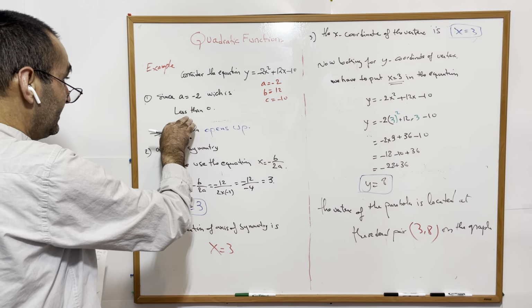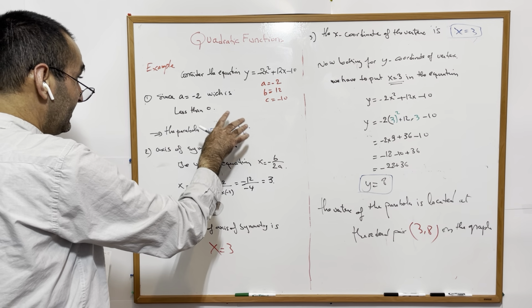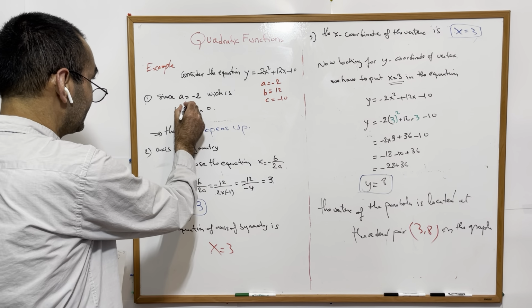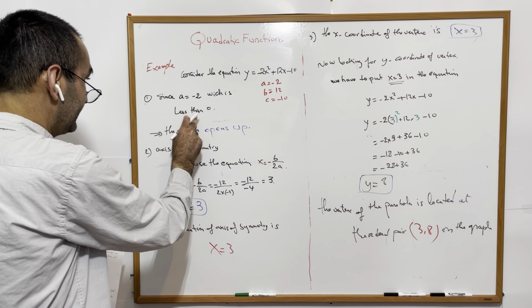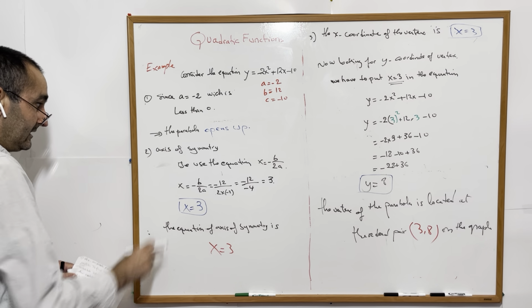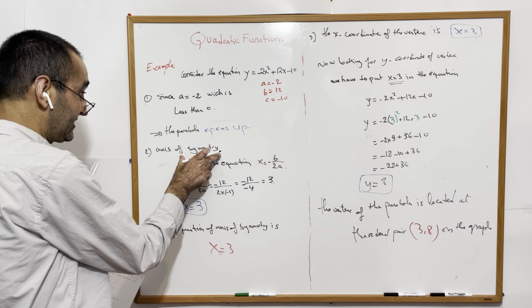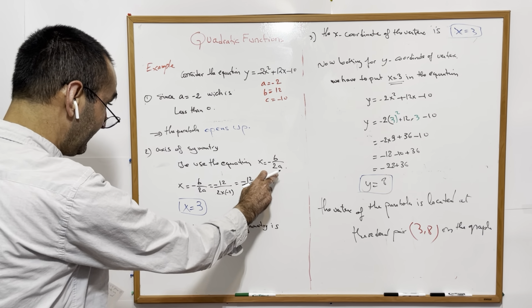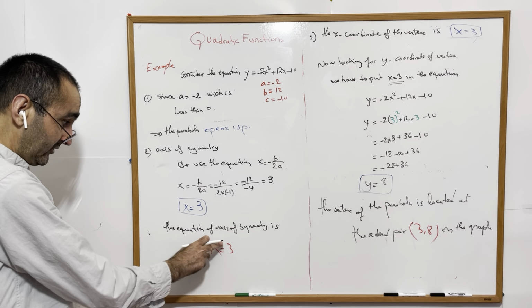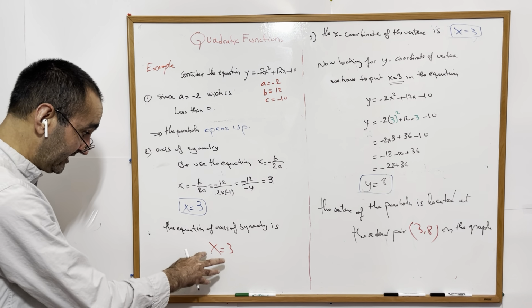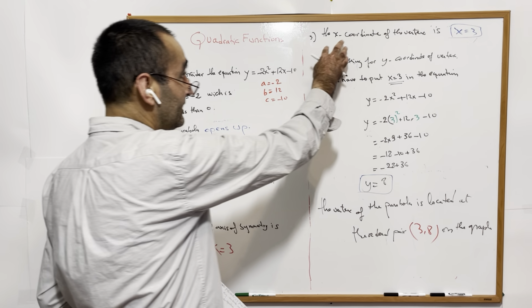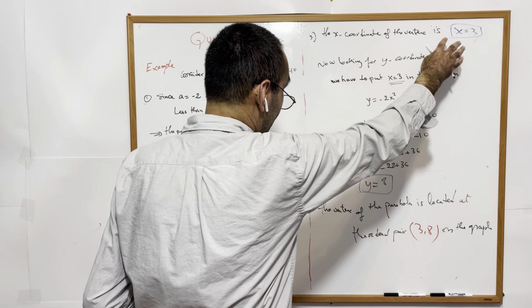First, we determine that the parabola opens up because a is greater than 0. Second, we find the axis of symmetry by using the equation x equals minus b over 2a. The equation is x equals 3. The same thing, this is the x coordinate of the vertex, which is 3.